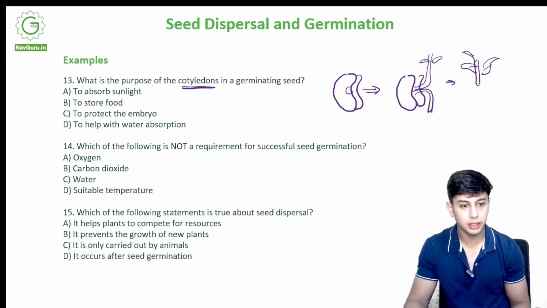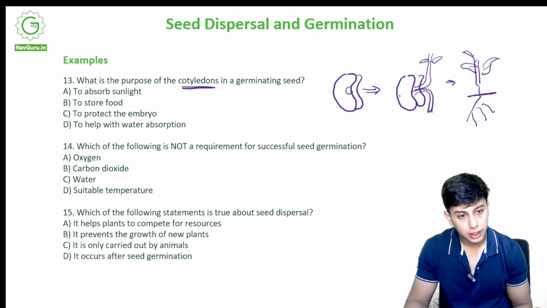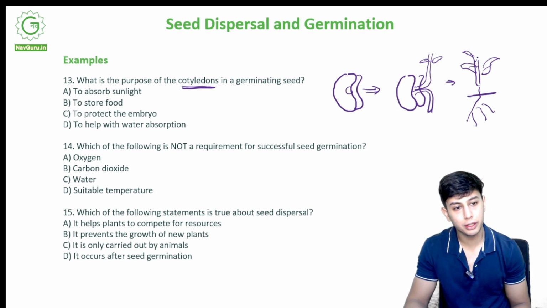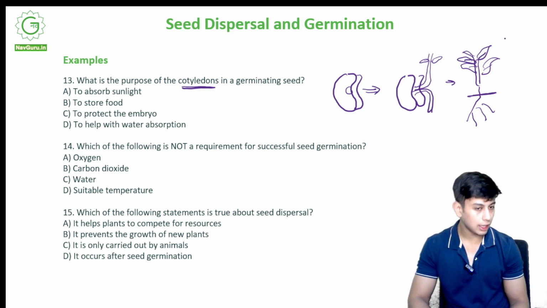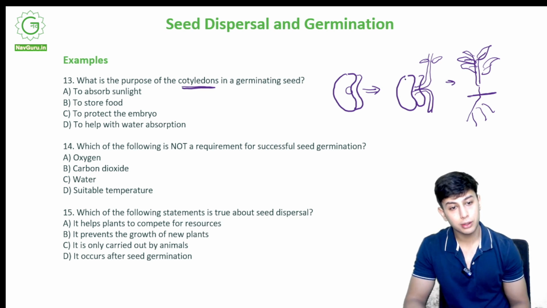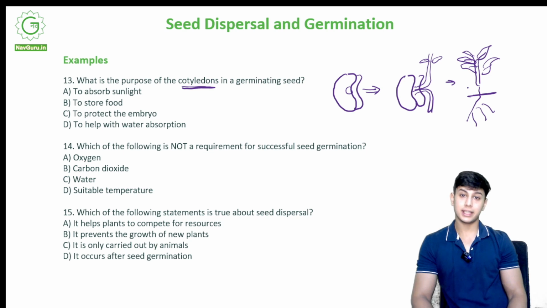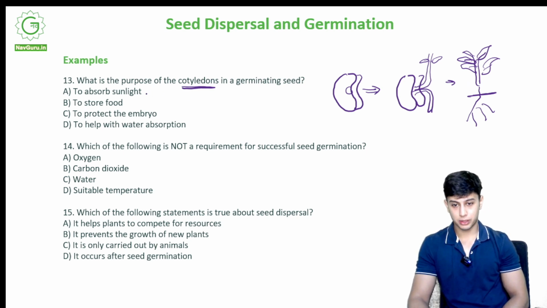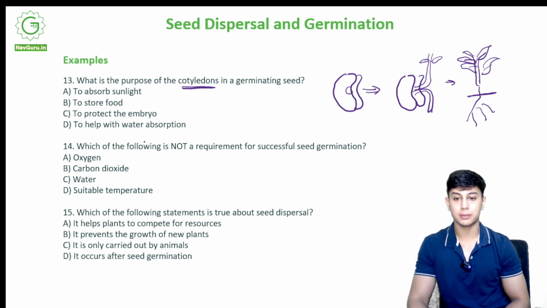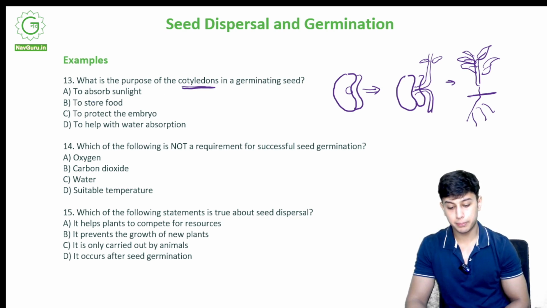This cotyledon gave it energy to develop leaves. Now leaves have chlorophyll, now it can make its own food. But cotyledons were responsible so that it is able to reach a stage where it can make its own food. The options were to absorb sunlight, to store food, to protect the embryo, to help with water absorption. The purpose is clear, it is to store food.